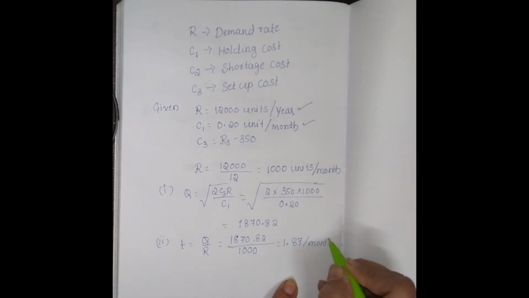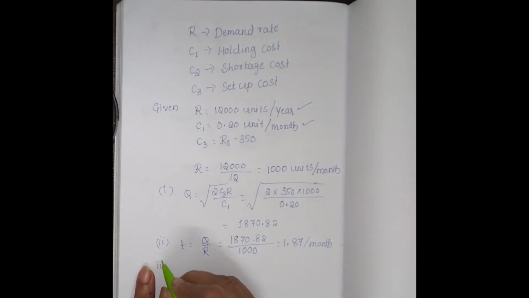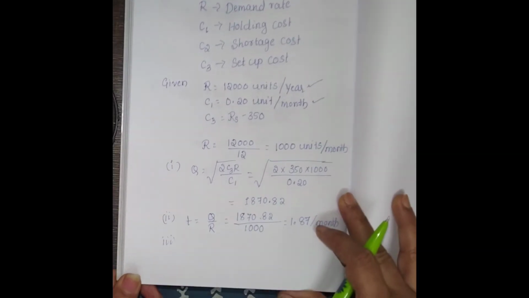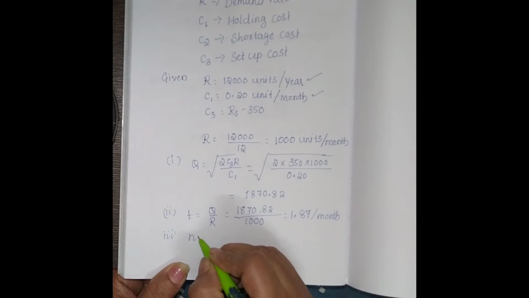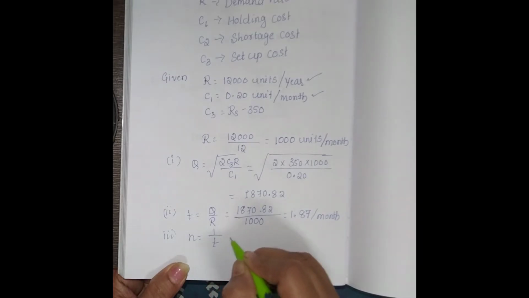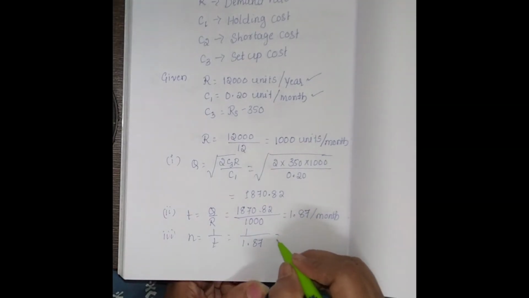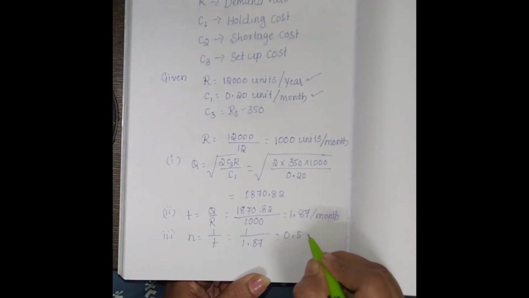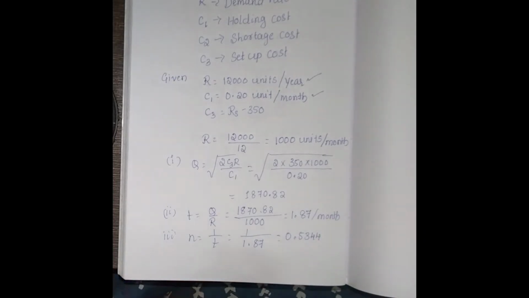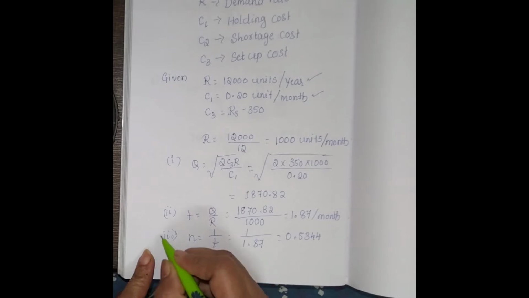The third one is N is equal to 1 divided by T, that is 1 divided by 1.87. Then you get the answer as 0.5344 orders per month. This is the third one.